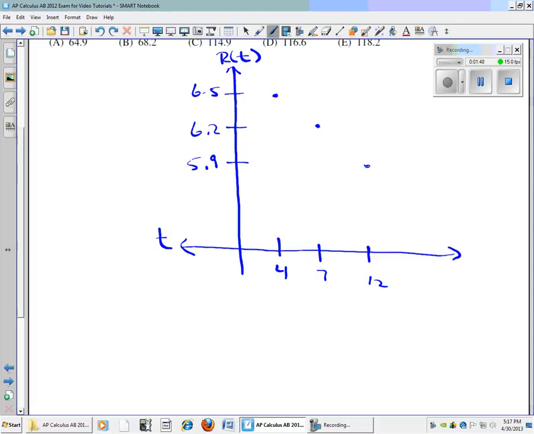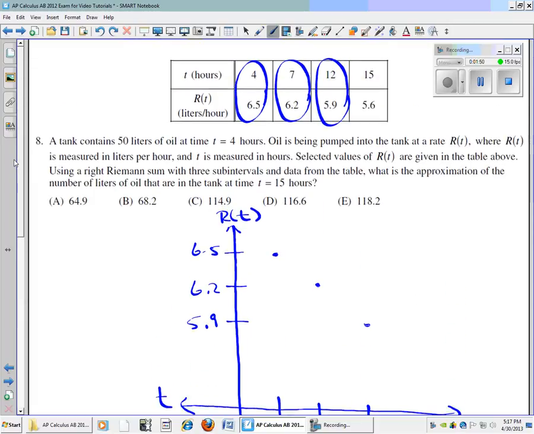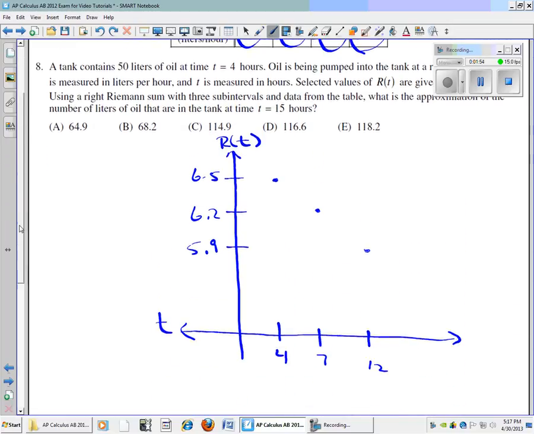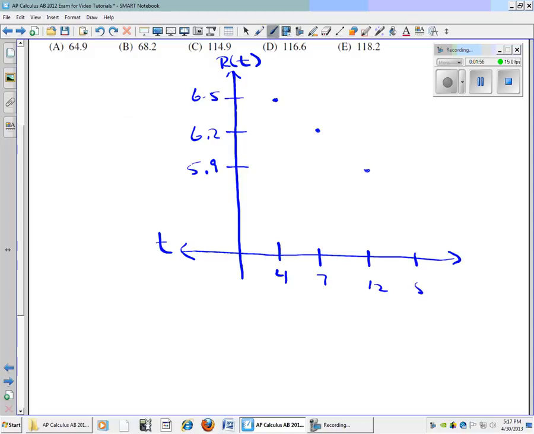And then the last one will be 15 and 5.6. Let's go ahead and draw some vertical lines here to represent these intervals.